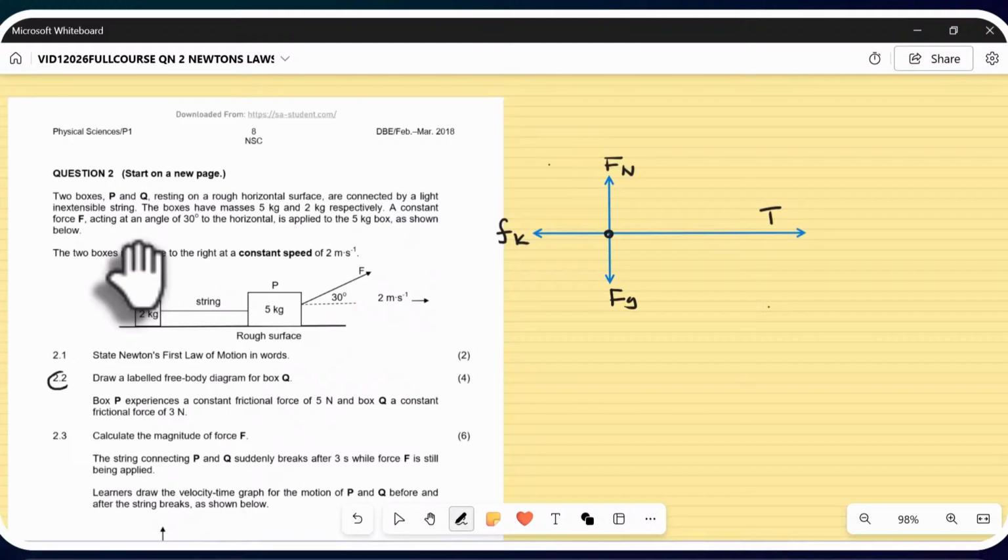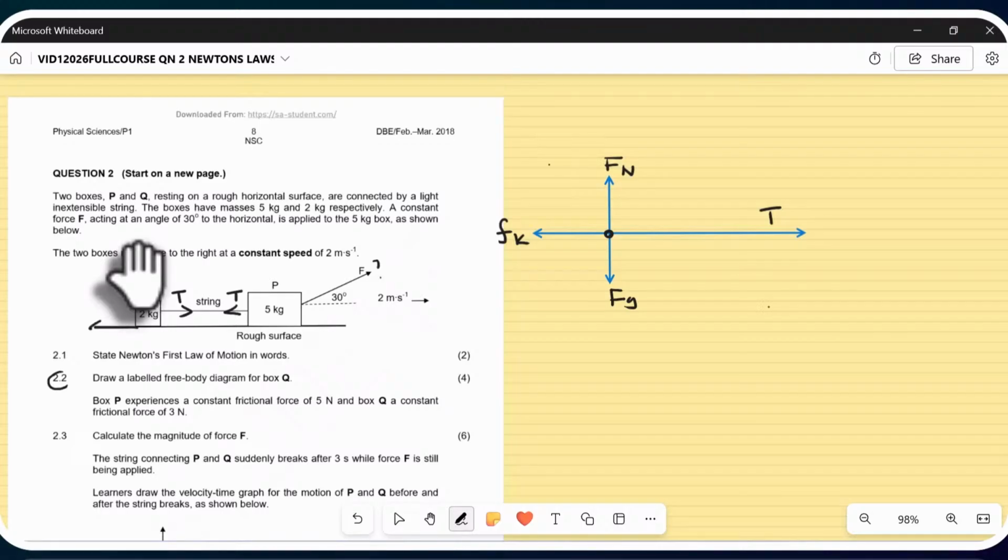So here we go, for 2.3. Begin by saying F net equals MA. Because of the constant speed, we equate it to 0 since it's not accelerating. Now look at our 2 kg block.